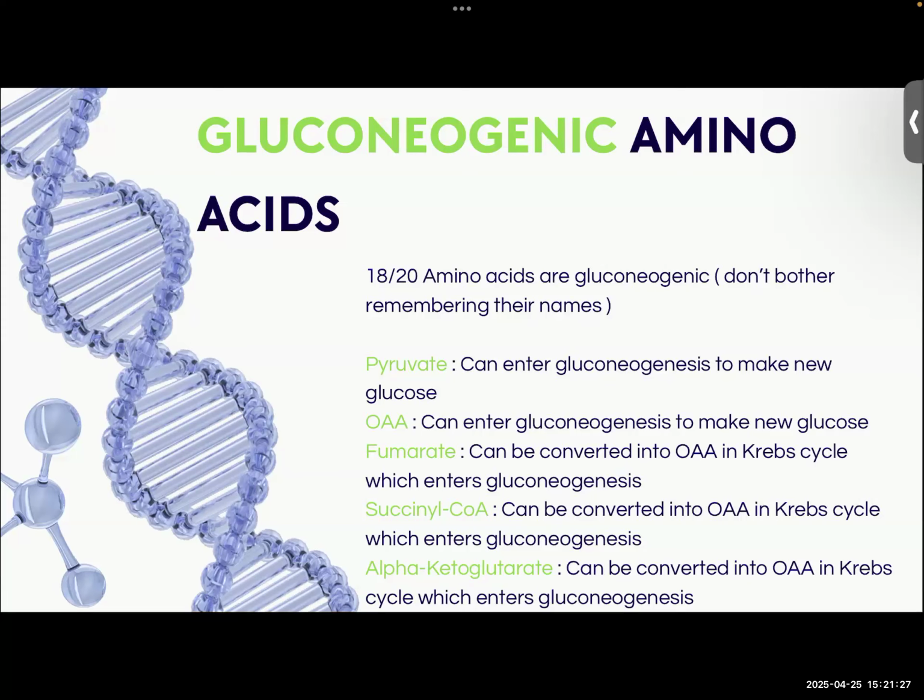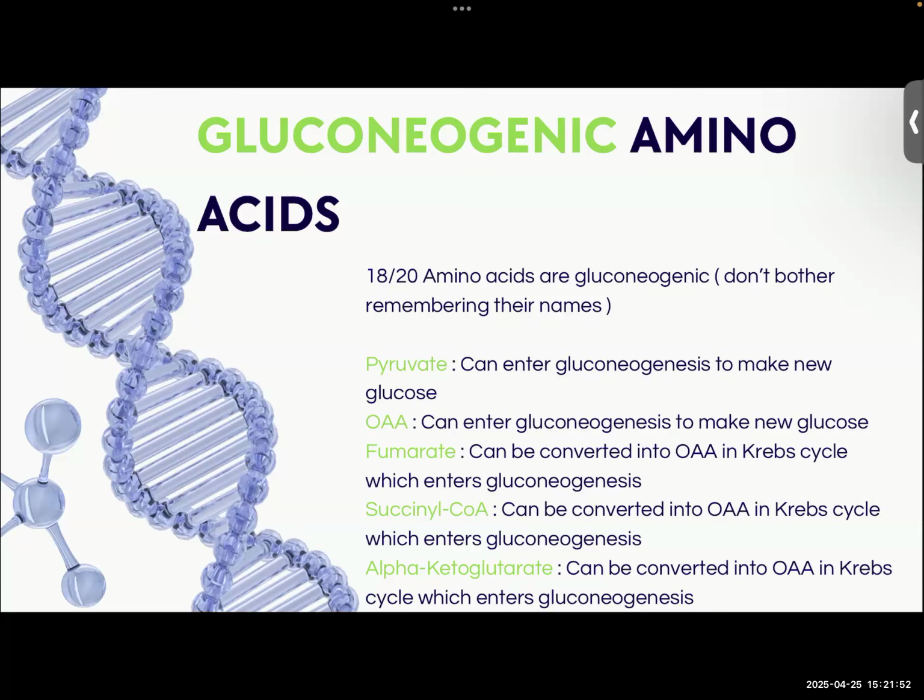So pyruvate can enter gluconeogenesis. It's in the pathway. Oxaloacetate can enter gluconeogenesis. And the other three, they can be converted into oxaloacetate in the Krebs cycle. So the bottom three enter the Krebs cycle and then are converted into oxaloacetate. And then oxaloacetate is the one that makes new glucose. So they're indirectly supplying glucose, whereas the top two are directly supplying glucose.